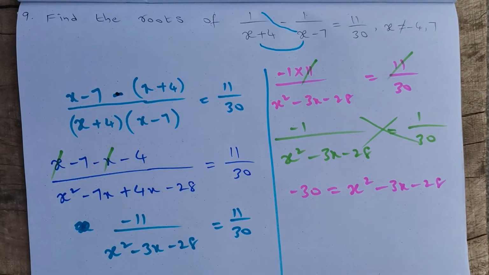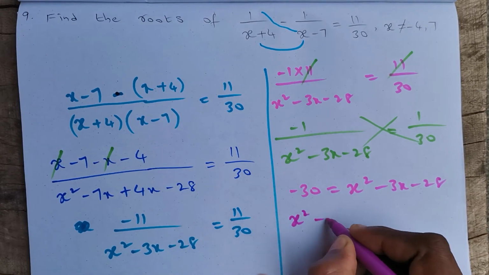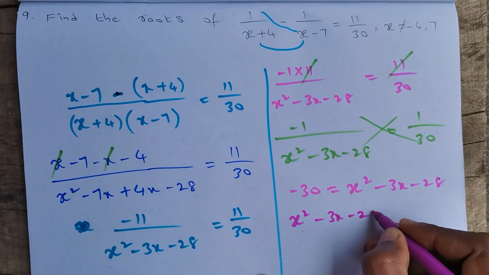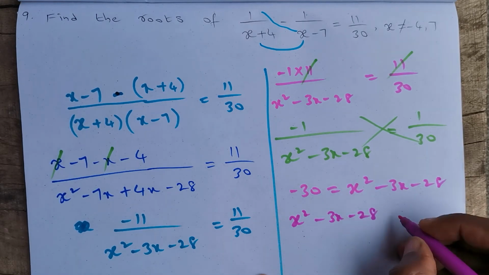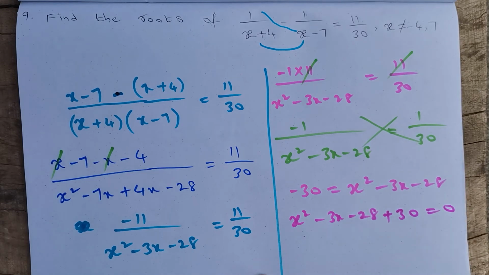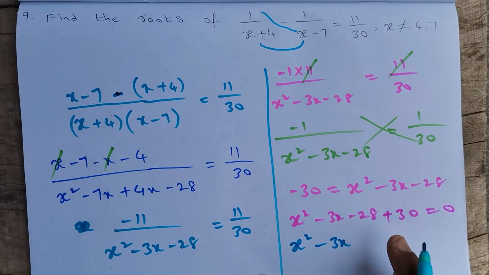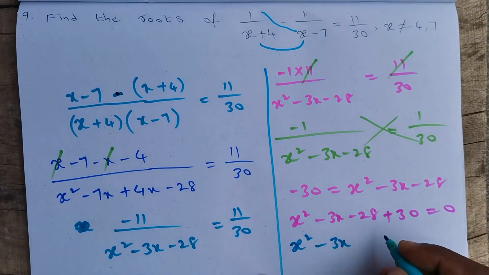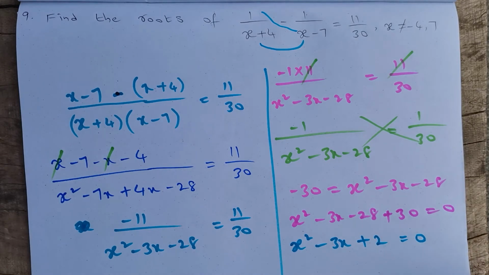Now everything I will take to one side: x square as it is, minus 3x as it is, minus 28 as it is, minus 30 I am taking to the right side, then minus 30 will become plus 30, is equal to 0. So x square minus 3x minus 28 plus 30, plus 2, is equal to 0. So this is the quadratic equation which we got.